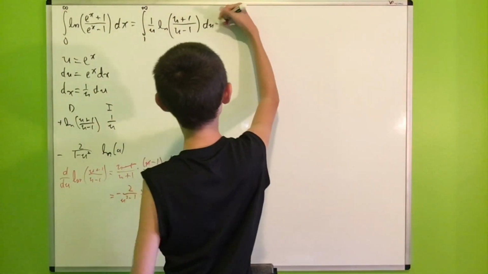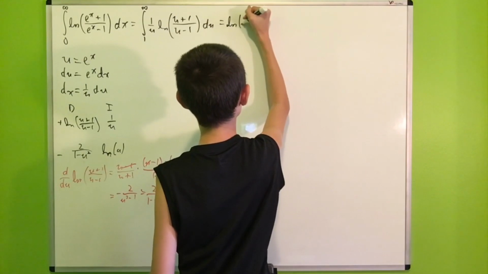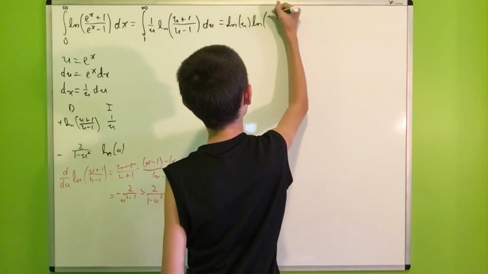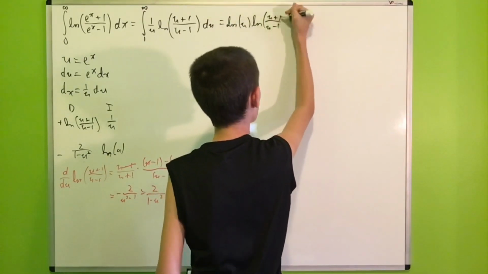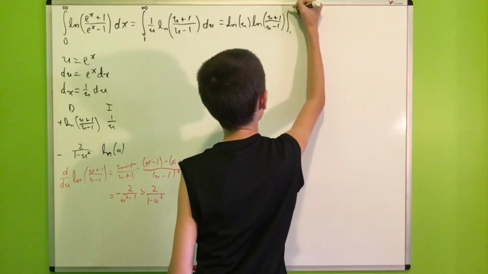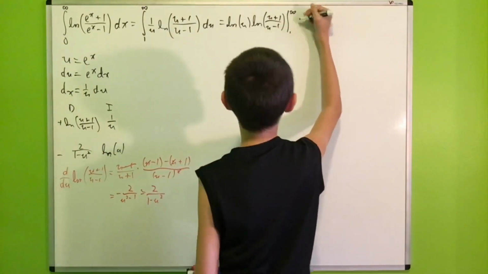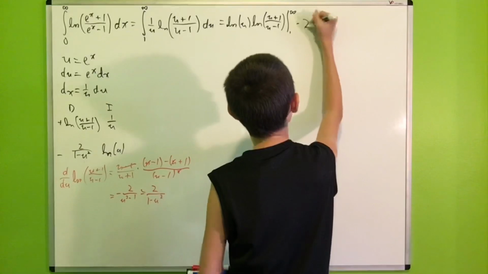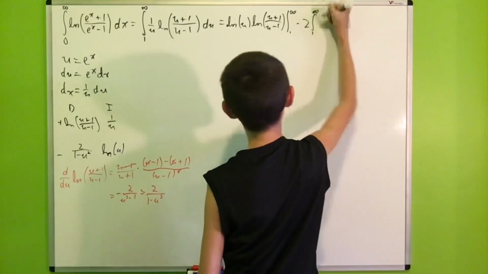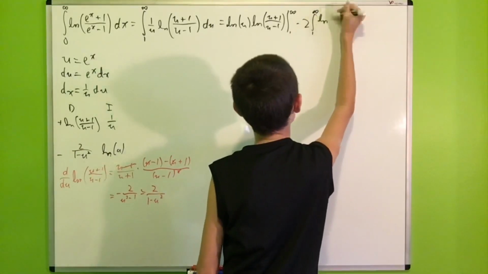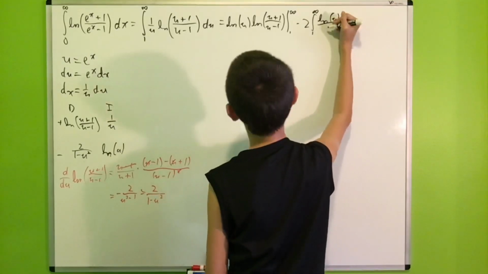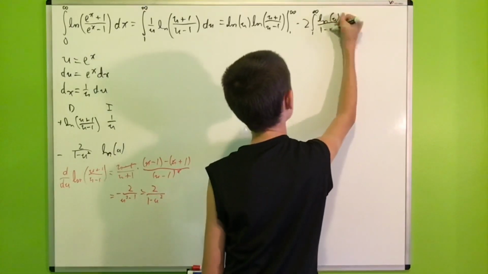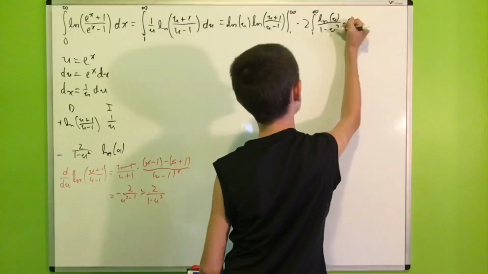Like this. And now we can just do all of the usual stuff. So we get natural log of u times the natural log of (u plus 1) over (u minus 1), evaluated at 1 and infinity, and then minus, I'll factor out the 2, times the integral from 1 to infinity of natural log of u over 1 minus u squared du.